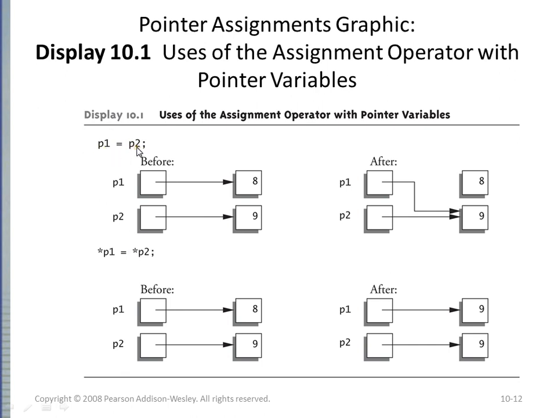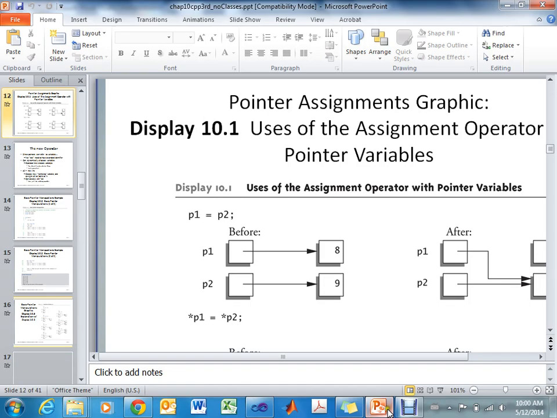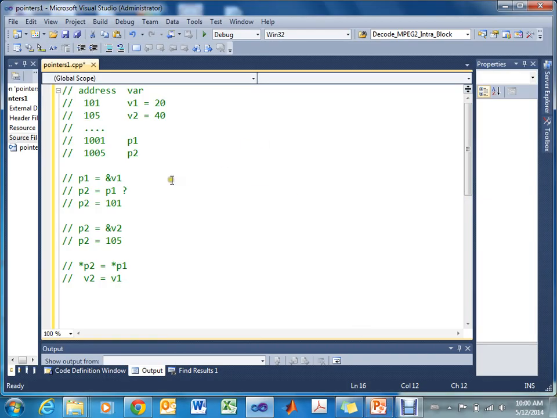We're assigning what's stored inside P2 into P1. P1 used to hold the address of 8, and P2 used to hold the address of 9. After we assign those two, now both of them are referring to the same address. And this is what we did over here.